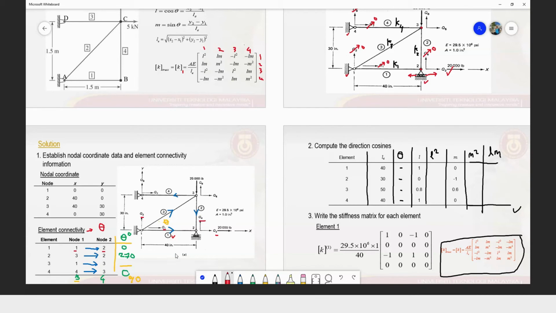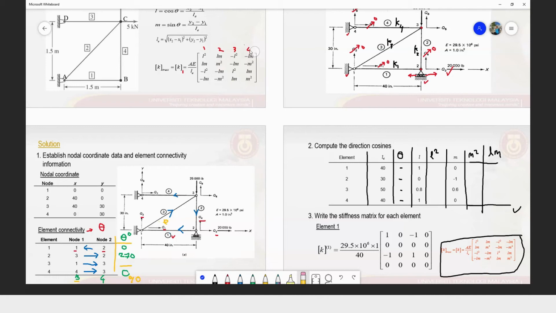What will happen if my element connectivity is connected the other way around? Okay, let's say the element connectivity now is connected from 2 to 1 for the element number 1, right? So I draw it something like this. Then in this case, we have to start writing our index around our K metric starting with Q3, Q4, Q1, and Q2.